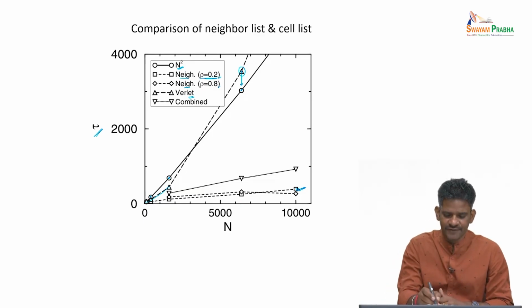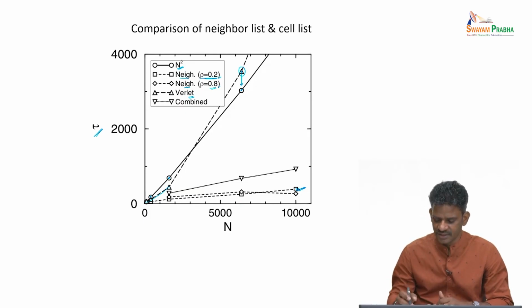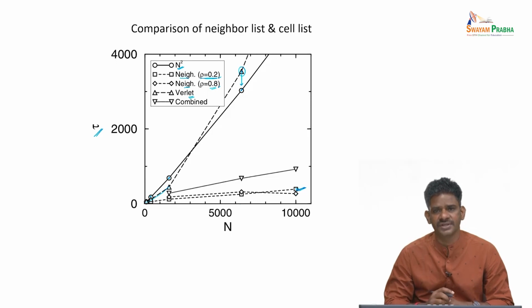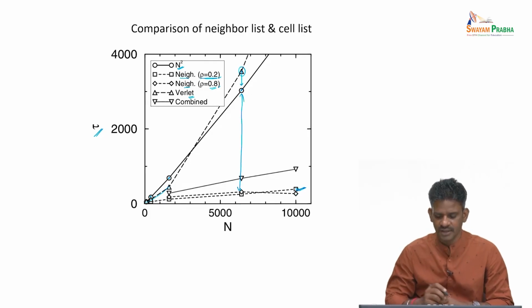Even if you increase the density to 0.8, which means the number of neighbors is going to be more, you can check whether there is any density dependence. You can see that even with the density of 0.8, the computational time looks very similar. The difference is between the n square algorithm and the neighbor list, which seems to be quite advantageous.